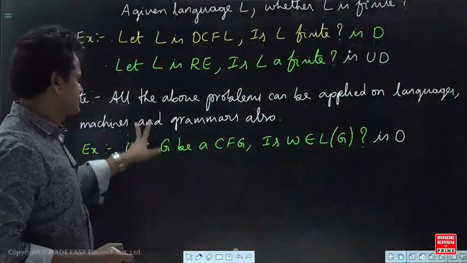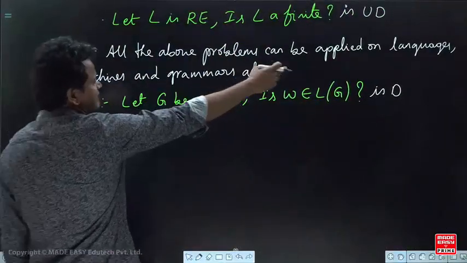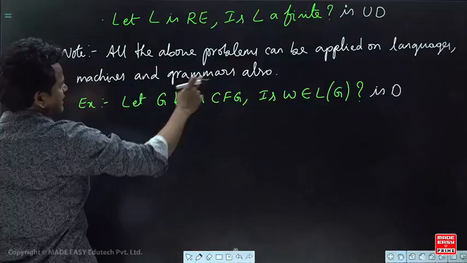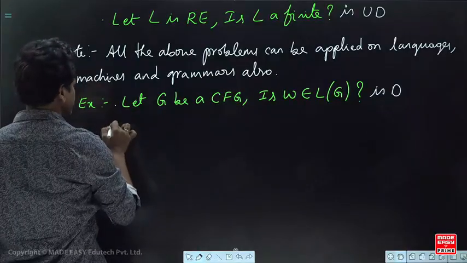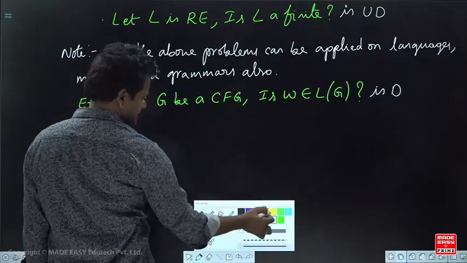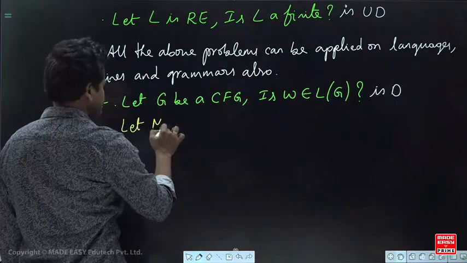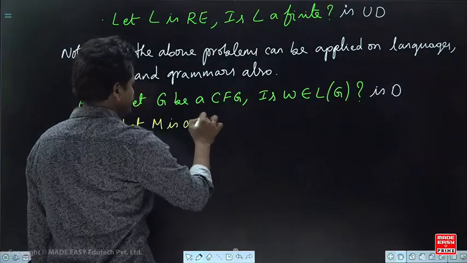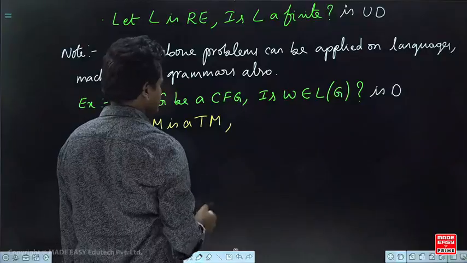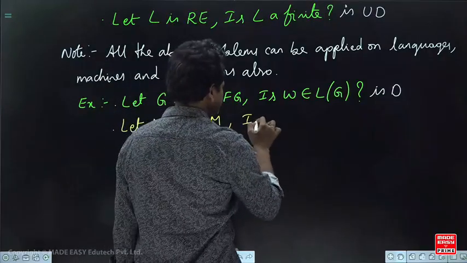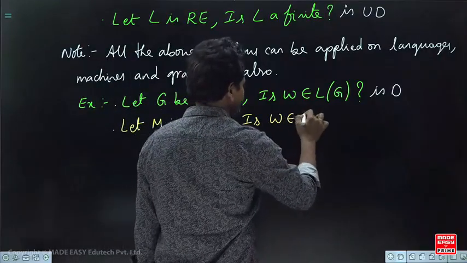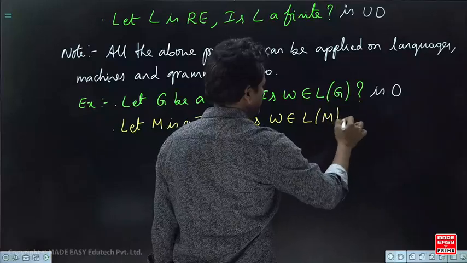Now guys, so we can apply on languages. Anyway, we are doing on grammars. This is an example. And next, let M be a Turing machine. Is W belongs to L of M?